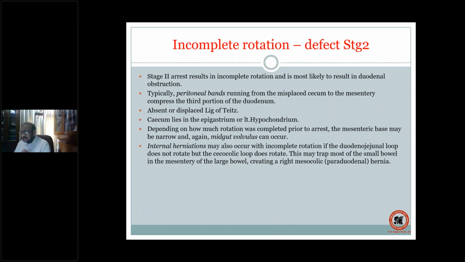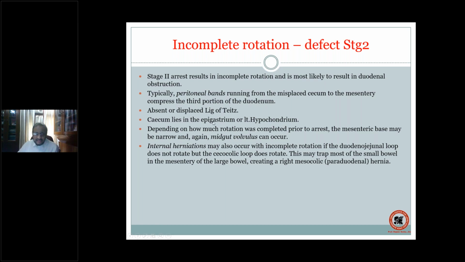Now, incomplete rotation in stage 2, what's that going to lead to? Number one, the arrest leads to incomplete rotation, which is one of the more important causes for congenital obstructions. And you can have the typical peritoneal band that we just now showed you, this band running across the cecum to the mesentery, compressing the third portion of the duodenum, what we know as the Ladd's band. You can have a displaced ligament of Treitz.